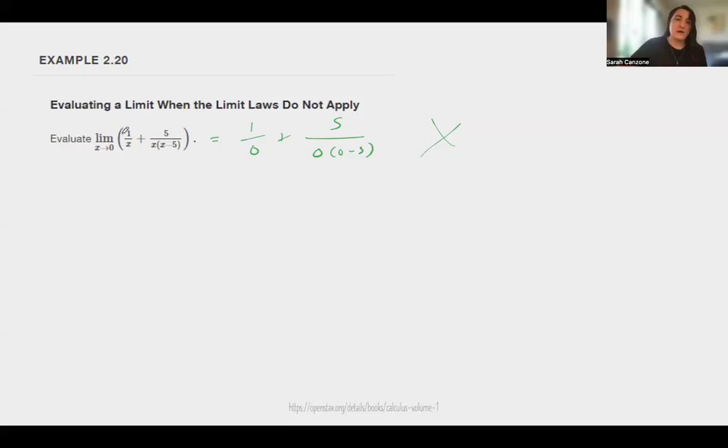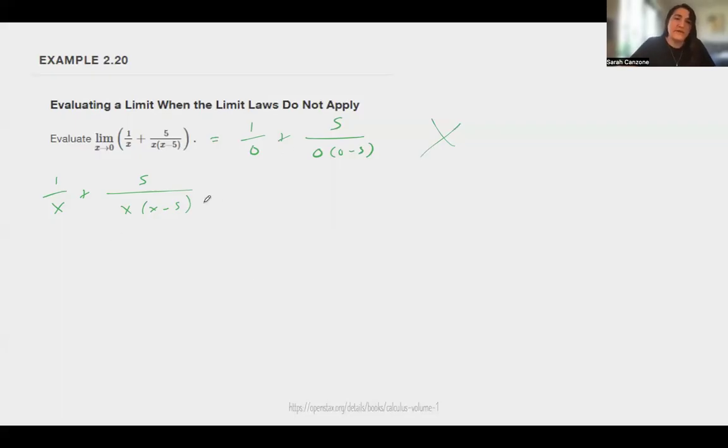So again, I'm not going to write the limit because I'm going to just do some algebra on the thing that we have here, and then I will rewrite the limit after. So we have 1 over x plus 5 over x times x minus 5. So this, we just kind of identified the closest thing is going to be the rational function. So we're going to try to make it into the rational function that we want.